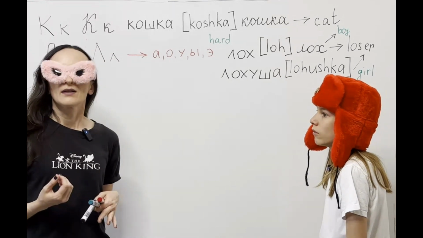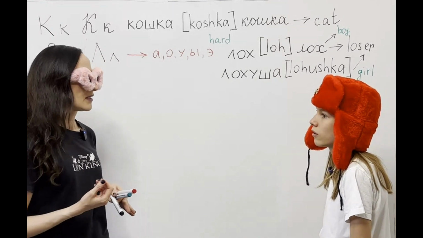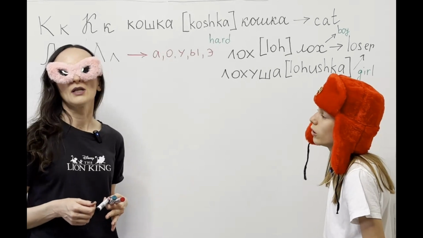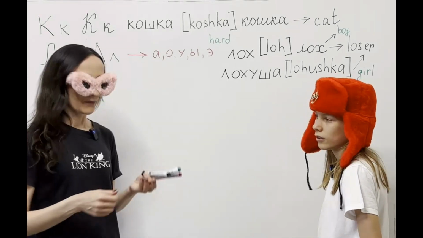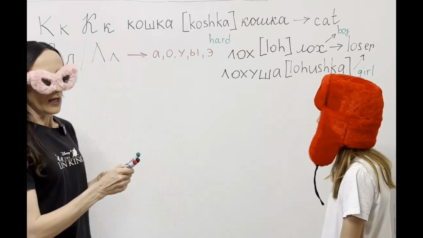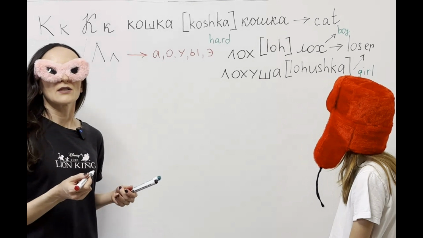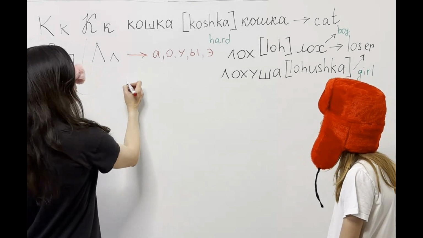The word that starts with this L, лёд. Super soft. Лёд. Or лес. Which shows us that this letter, this sound, is soft before these vowels.